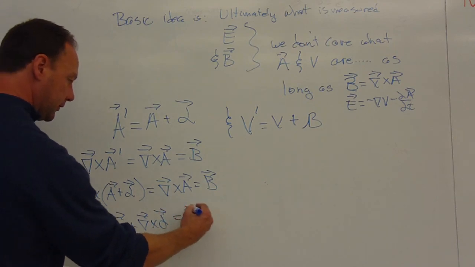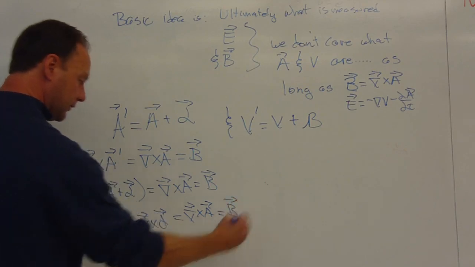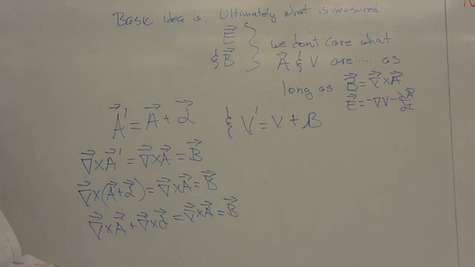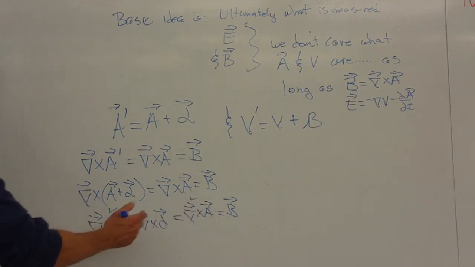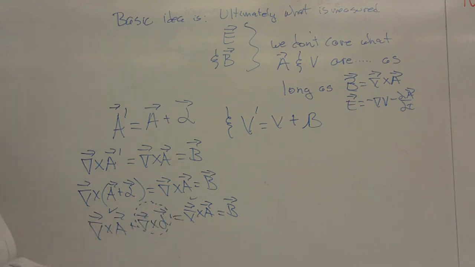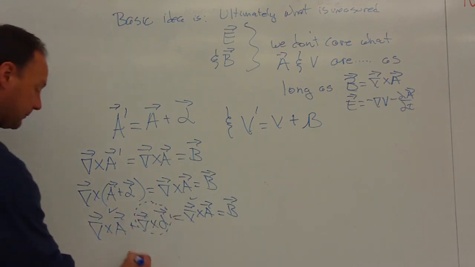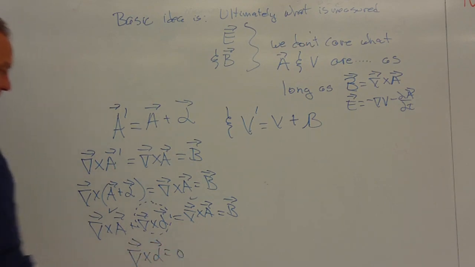That should equal the curl of A, which should equal B. So the curl of alpha should equal 0. As David said, to make this true, that has to be 0, which means the curl of alpha has to equal 0. So what does that make alpha?